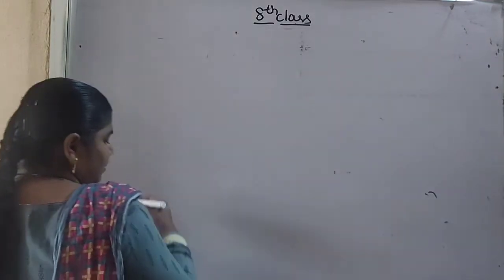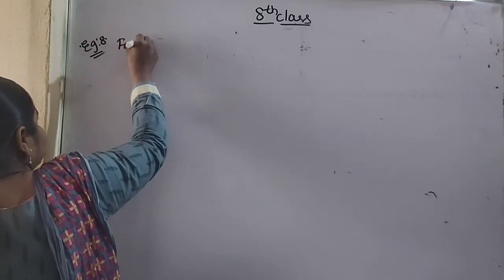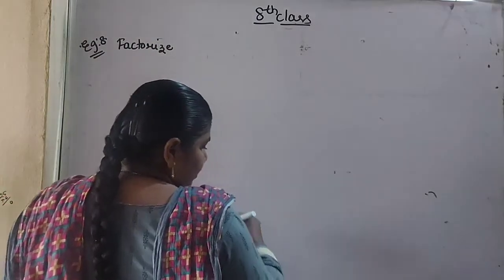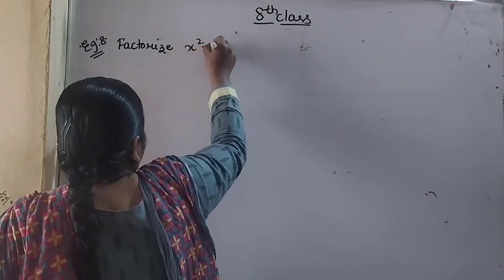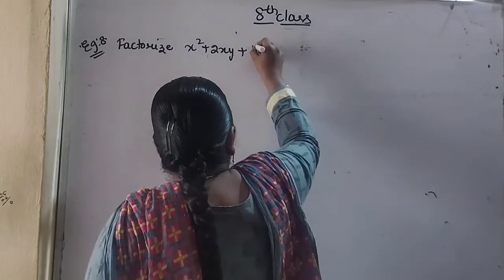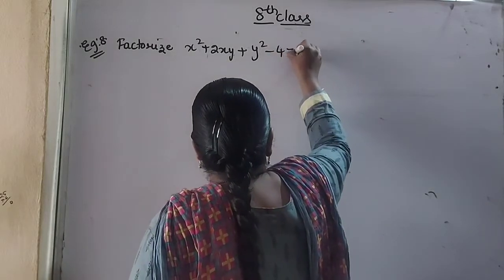What is the next one? Example number 8. Factorize x square plus 2xy plus y square minus 4z square.